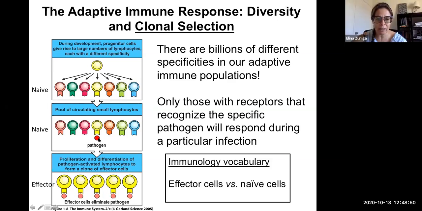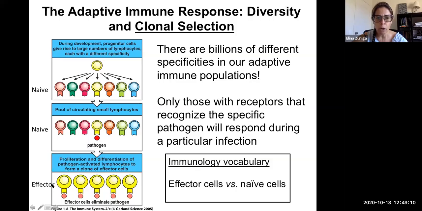However, after they proliferate and differentiate to acquire the capacity to exert their function, for example, to kill infected cells, they are called effectors.